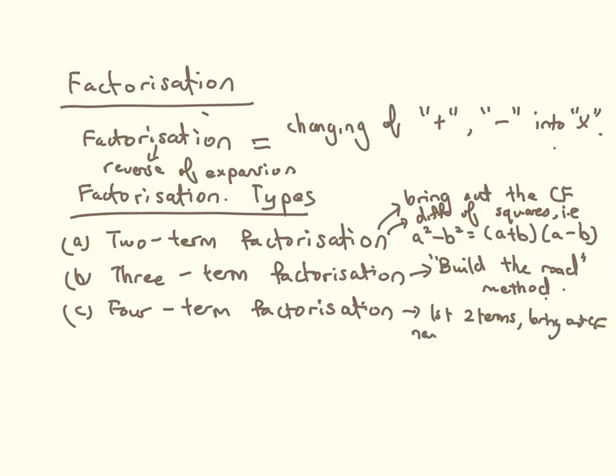Next two terms, bring out common factor, and then bring out common factor. So by using this cheer, first two terms, bring out common factor, next two terms, bring out common factor, you are able to master the technique of a four-term factorization. Okay, I will now illustrate all the above techniques using examples.